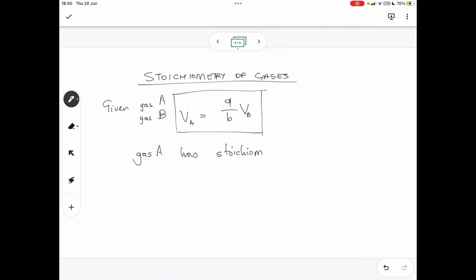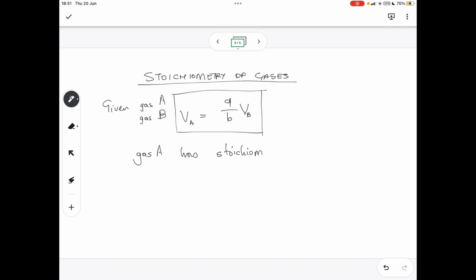How do you pronounce this word? Do you guys know how to pronounce stoichiometry? How to say stoichiometry? All right, so stoichiometry is pronounced... I'll just watch it on here. Let's see.